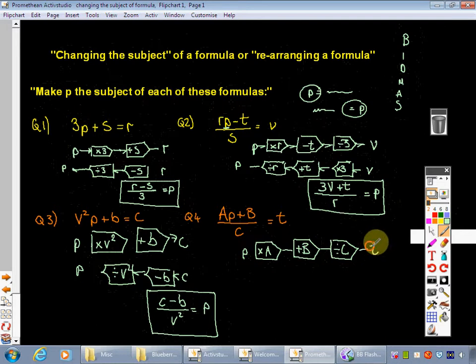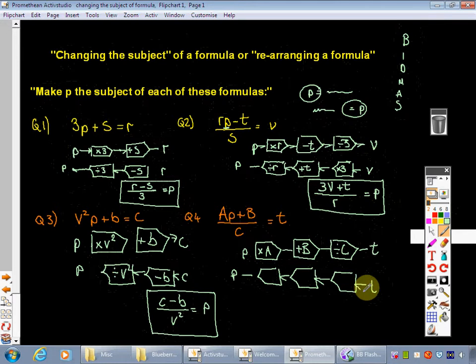So in doing that, I'm going to start with my t. And again, I'm going to do it the way the other people like it, which is to draw your boxes out ready to fill in. And that will give me p at the end. Let's put an arrow on there so I know my direction. And off we go.